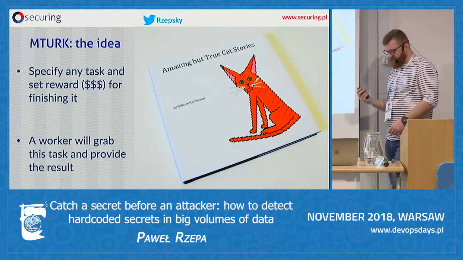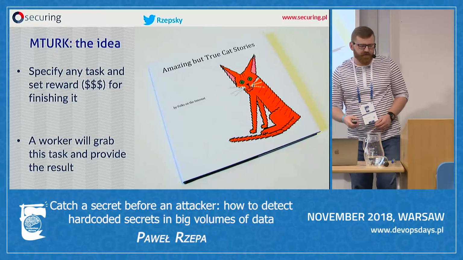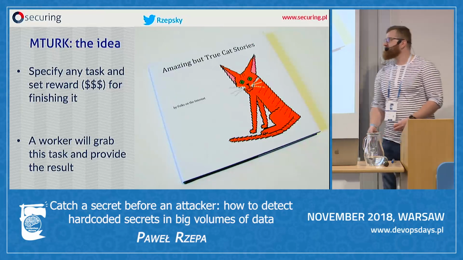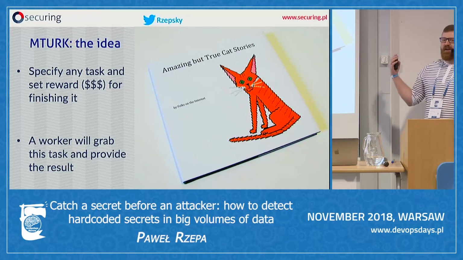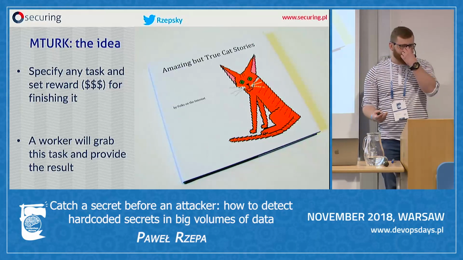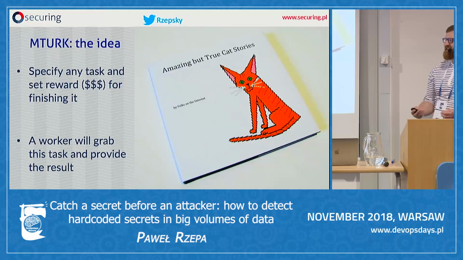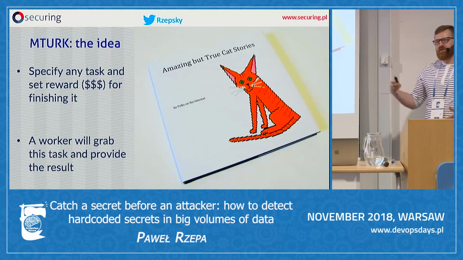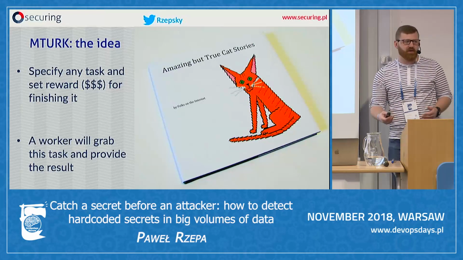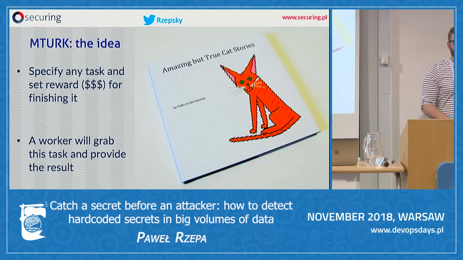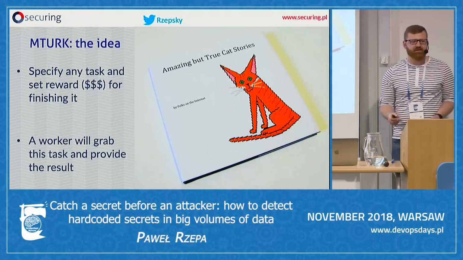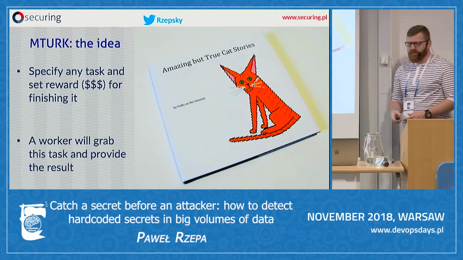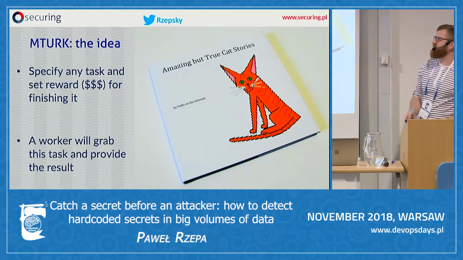And in AWS Mechanical Turk, you are using real people to do your tasks. You can specify any kind of task that requires intelligence, like, for example, give me the results of any page containing this and this research, or give me pictures of it, whatever you can find.